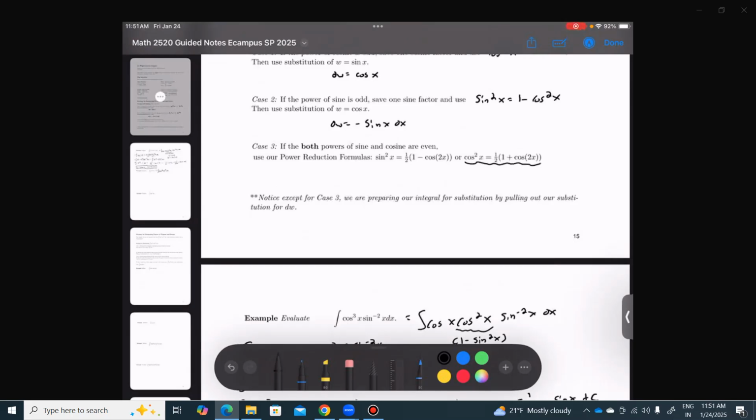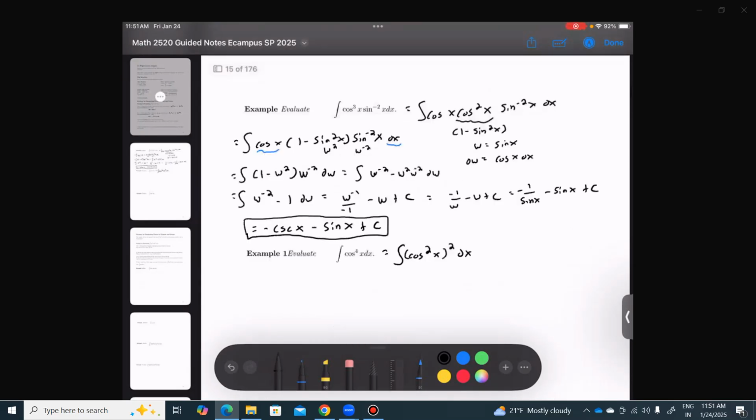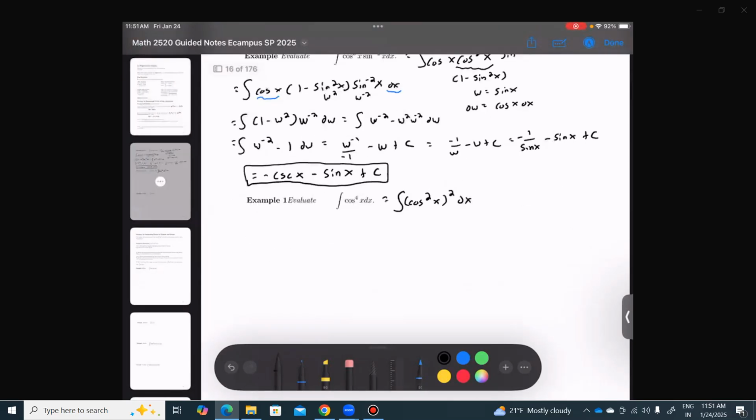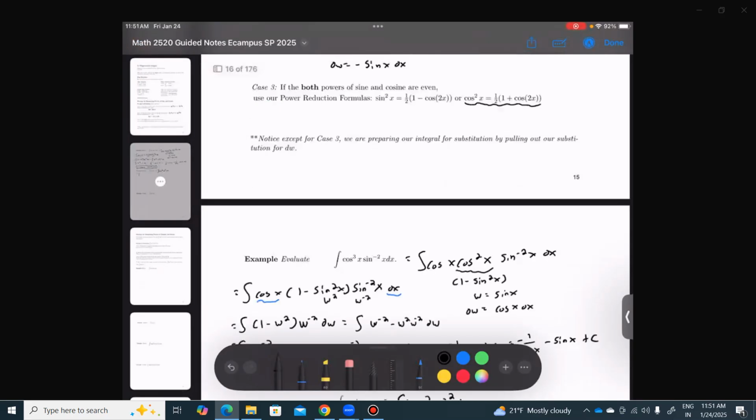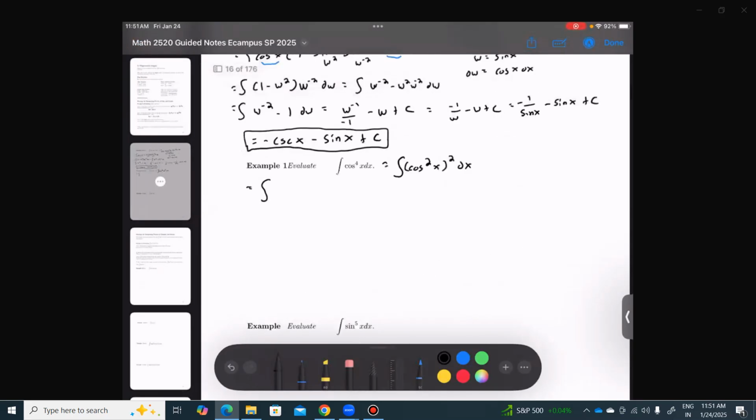So we would have cosine squared being 1/2 times 1 plus cosine of 2x. So this becomes 1/2 times 1 plus cosine of 2x, that whole thing squared, dx.